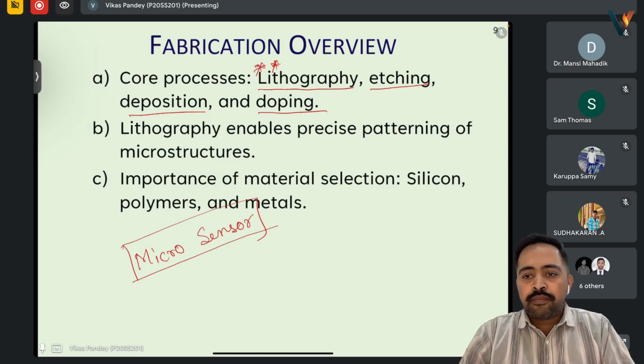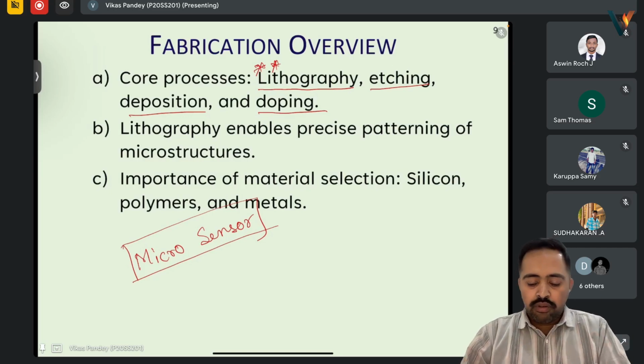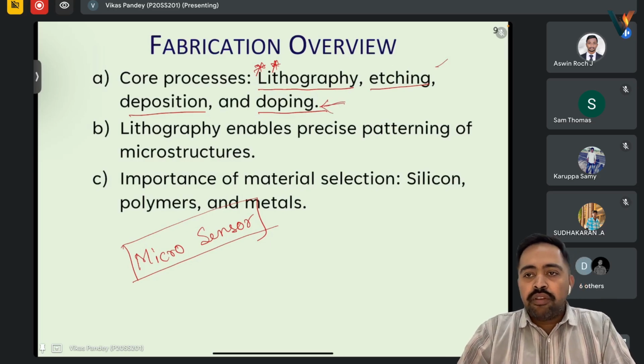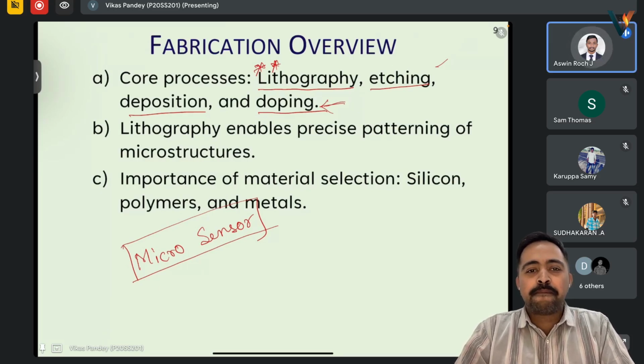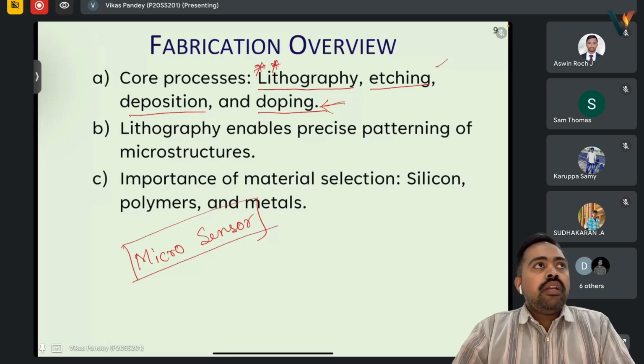Okay. Any other processes we have talked about, lithography, etching, doping? Some of you might be aware of doping. Yes, doping, sir. So what is doping? Adding impurities to a pure conductor, to increase or tune its conductivity. Great.